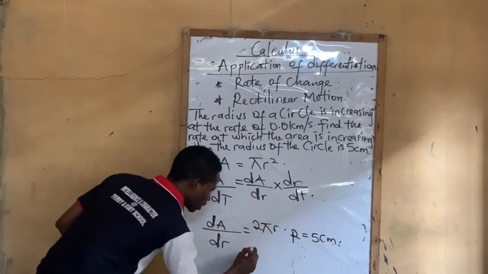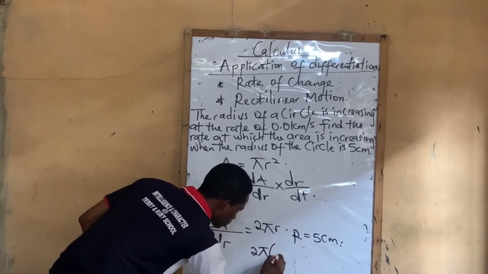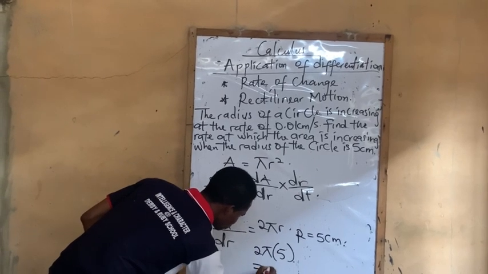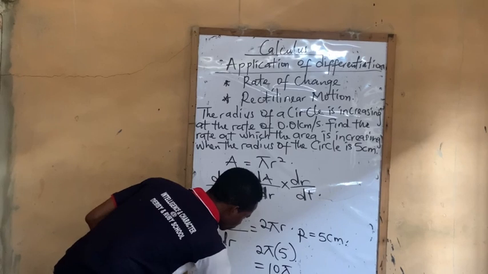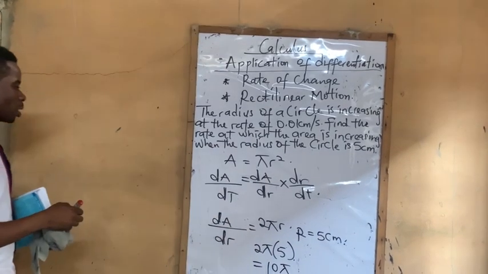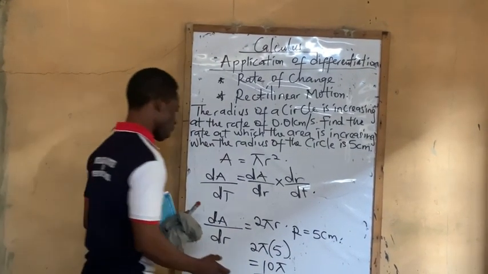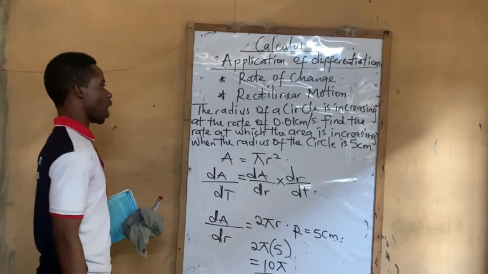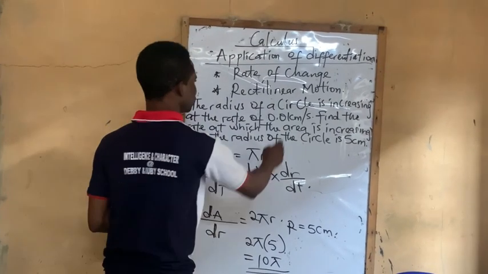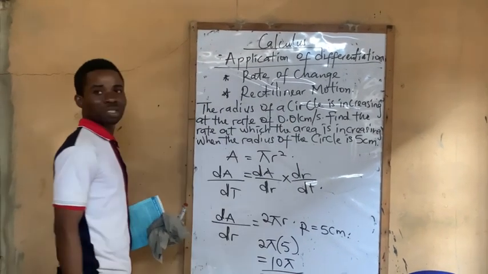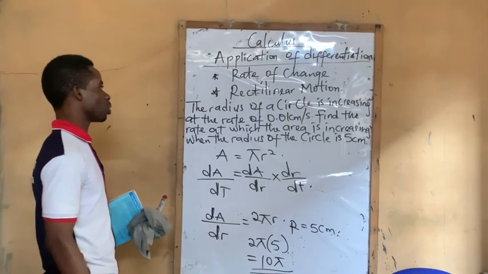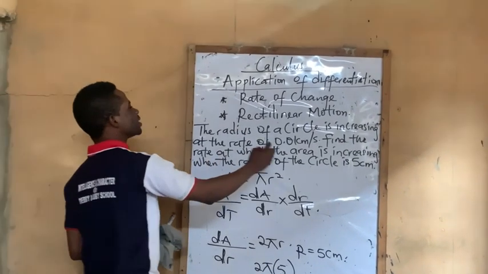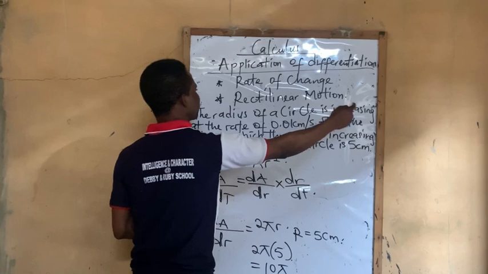That means from here I can say 2 pi open bracket 5. That is 10 pi. So now that we have known the dA over dr, and we are given the dr over dt to be 0.01, find the rate at which the area is increasing.